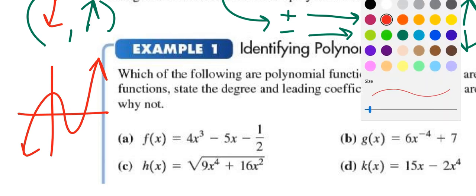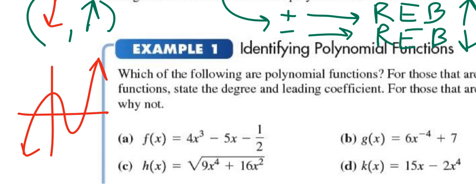Where is end behavior? If I asked you for the right end behavior of this graph, where am I looking? Am I looking to the far right or the far left? Aren't I looking way out here? And if I'm looking way out there, what's going on with this graph that I've done in red? Isn't it definitely up on the right? That's kind of what we're asking, what's going on with that end behavior.